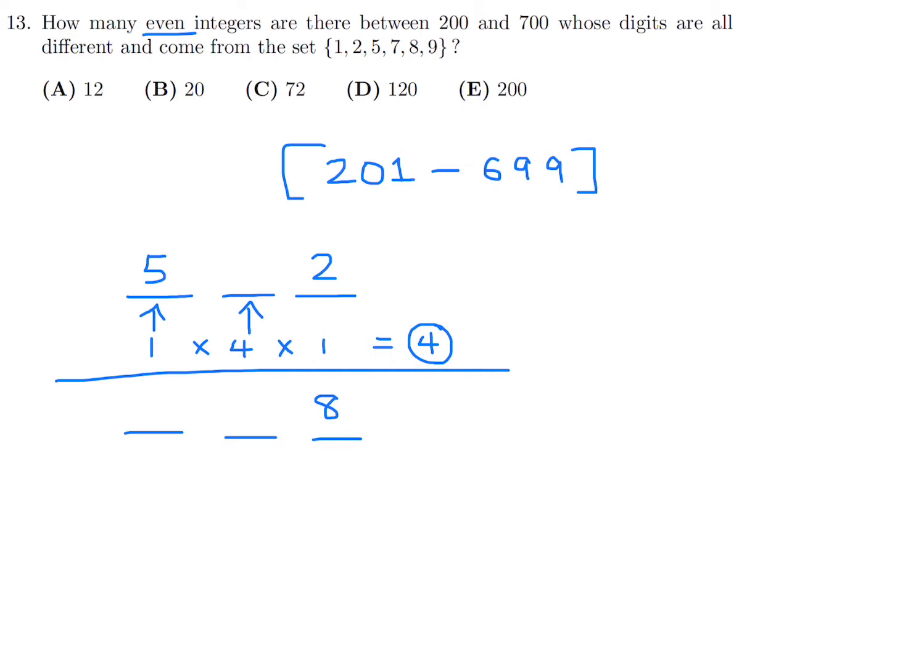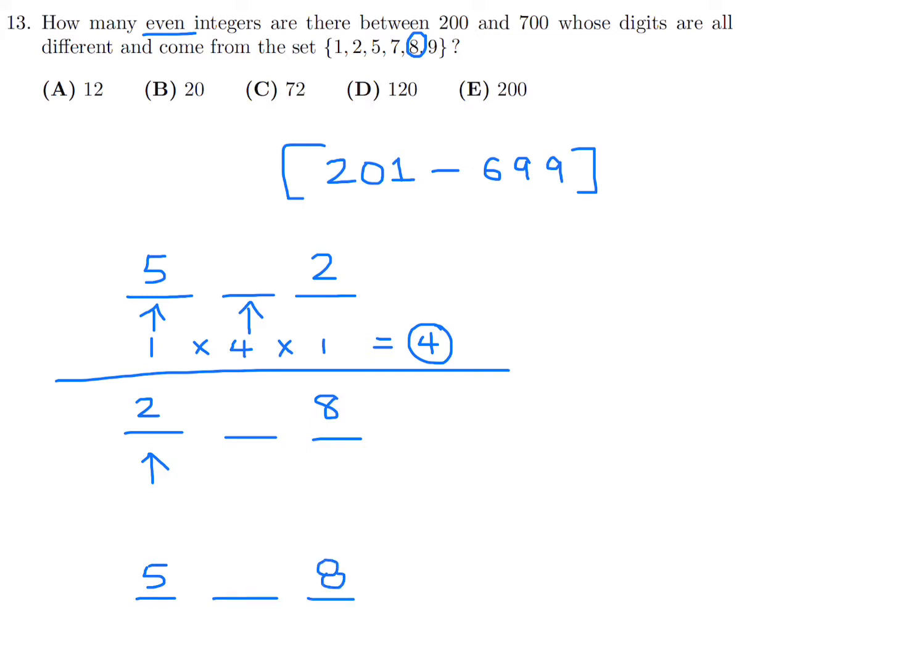Now let's talk about when it's 8 as the last digit. If it's 8, so that one's taken. So what can I put for my first digit? Can I put 1? No. Can I put 2? Yes. 5? Yes. I can't put 7 or 9. So I can either have a number like that, or I can have a number like this, 5 blank 8.